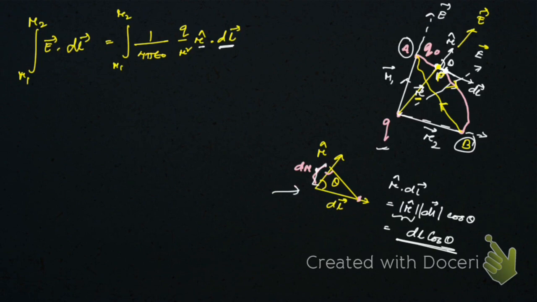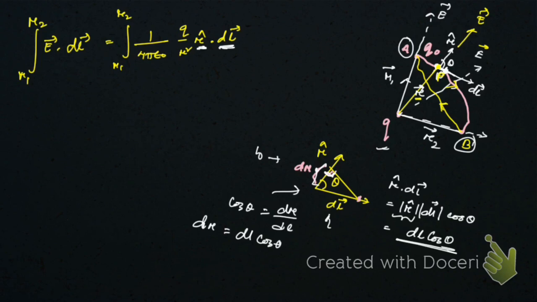If this is the right angle here, this is the hypotenuse and this is the base. Then base by hypotenuse is cos theta. Here base is dr and hypotenuse is dl. So our dr will be equal to dl cos theta. We can consider that way. So that's why we can replace this by dr, right?